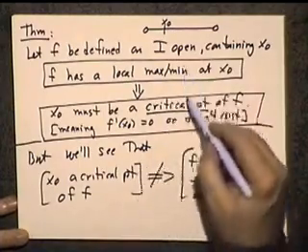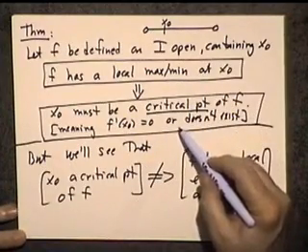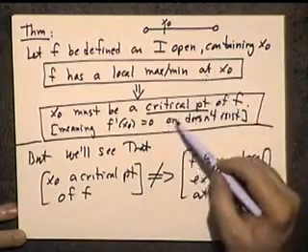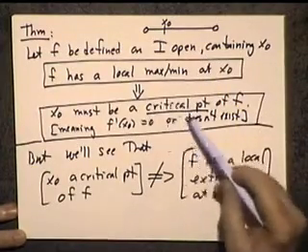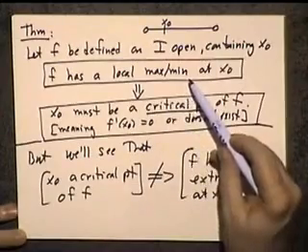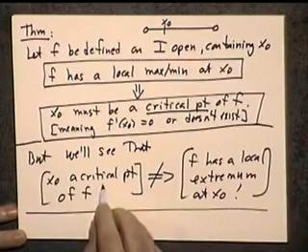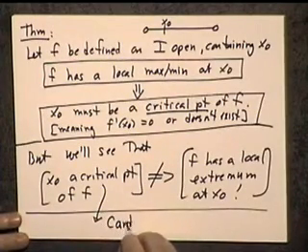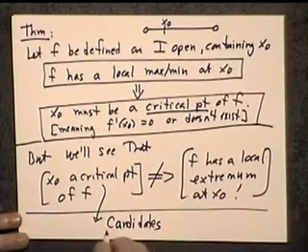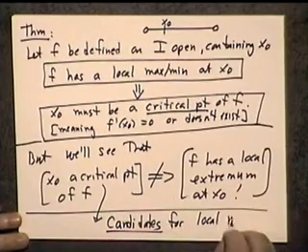So it is not true that this theorem works in reverse, and many theorems are like that. They only work in one direction. If you have a local max or min, you're guaranteed that the point at which it occurs is a critical point. But there may be more critical points than there are local maxes and mins, so the backwards direction doesn't work. So when you have critical points, what have you got? You've got candidates. That's a nice way to say it. Candidates for local max and mins.